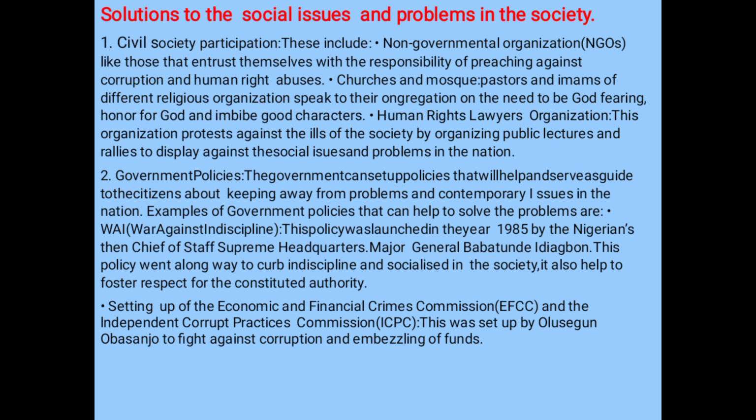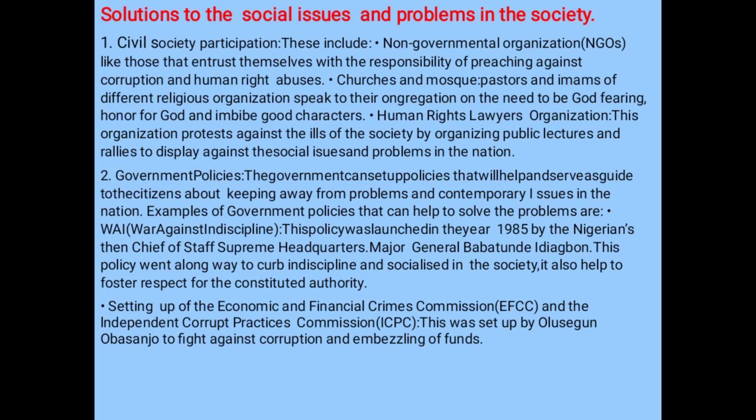Okay, government policy should also be made available. Once we set a policy, it can help to do what? To keep away those attitudes of some persons. An example of a government policy that can help to solve this is War Against Indiscipline.